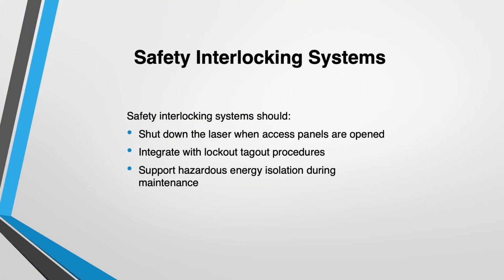For higher class lasers, safety interlocking systems are not optional, they are required. These systems should shut down the laser when access panels are opened, integrate with lockout-tagout procedures, and support hazardous energy isolation during maintenance. Interlocks are a critical part of compliance with standards IEC 61010 and UL 61010.